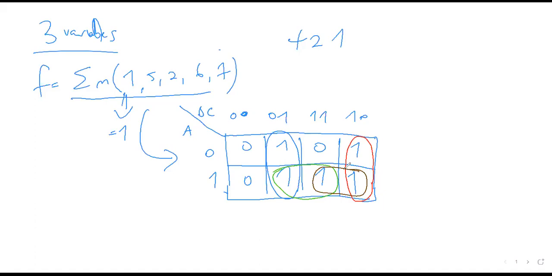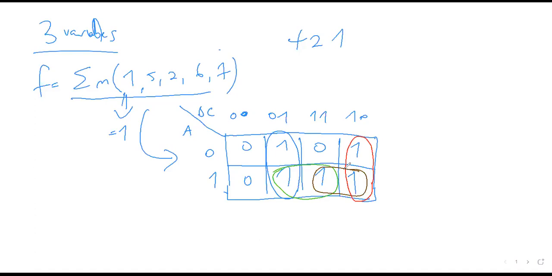We started with constructing our truth table. Each row of the truth table represents a square in the Karnaugh map. We didn't do that here. We went directly from the notation to the Karnaugh map. After constructing the Karnaugh map, you then identify your ones if you are using SOP.